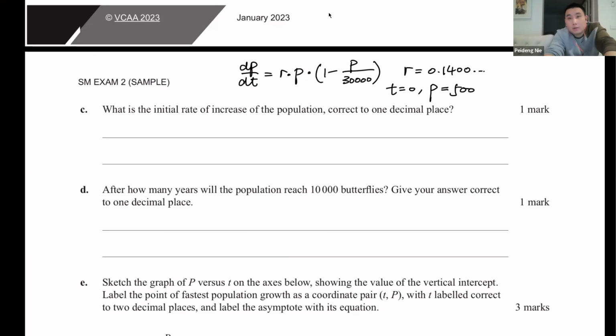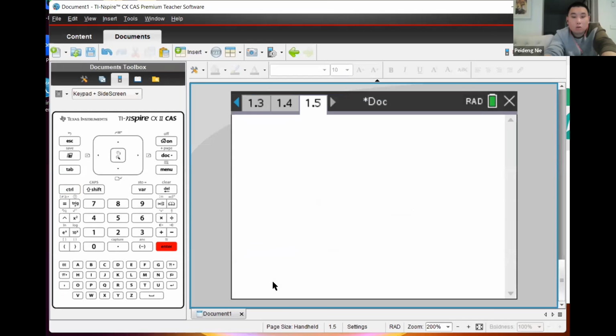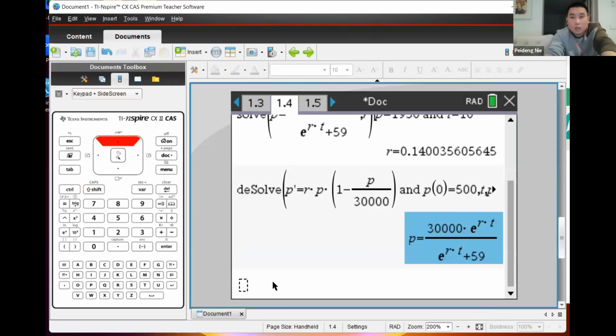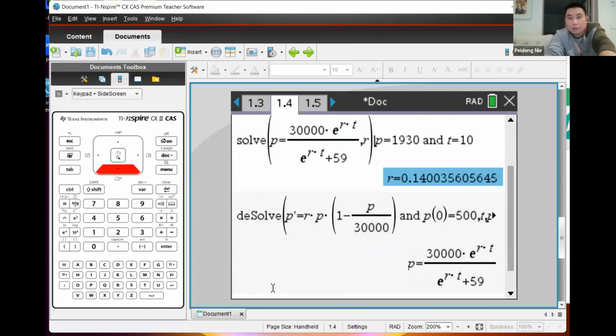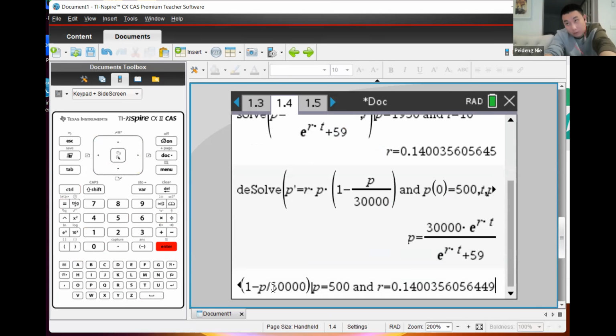So I'm going to say R value is here. Okay, so R times P times 1 minus P over 30000, given that P equals 500 and R equals that. Notice I used all digits to make sure the accuracy is never compromised in the subsequent parts.